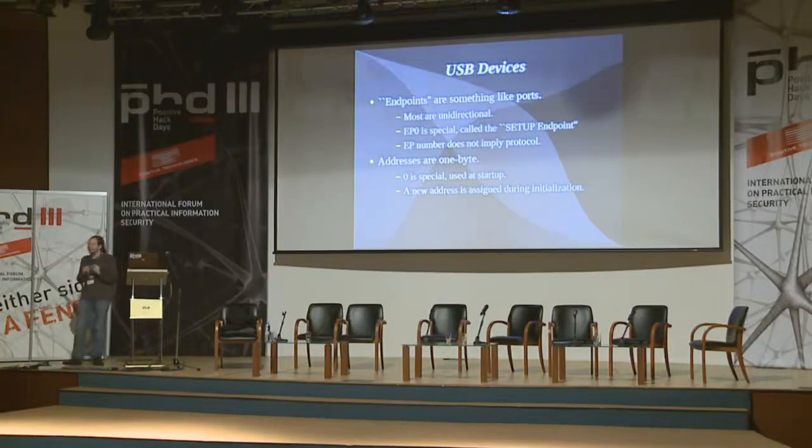Now, you also have an address for the device, which is a single byte. 0 is the device address that the host has when you first power it on, and it's also the address that the device will go back to if it crashes. Now, if you're trying to fuzz a USB device for vulnerabilities, this is very important, because this allows you to know when you have crashed the device.